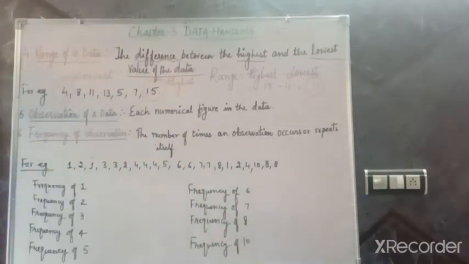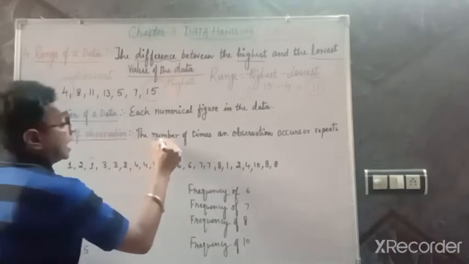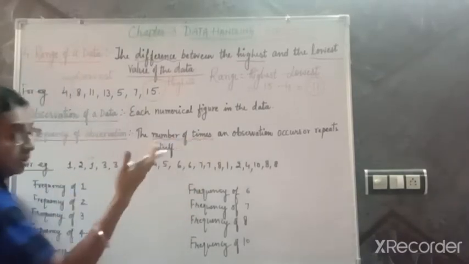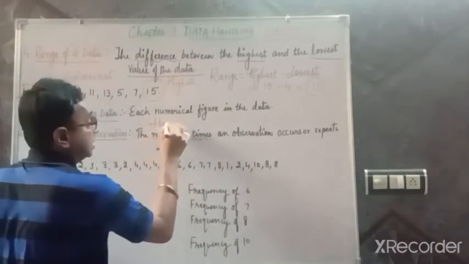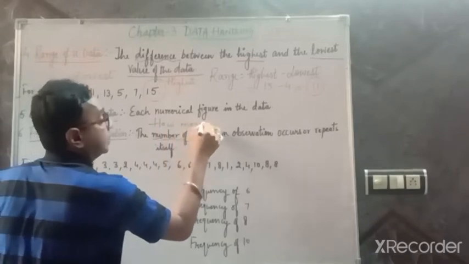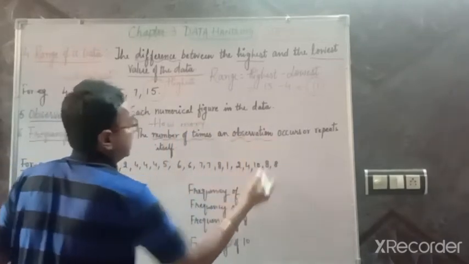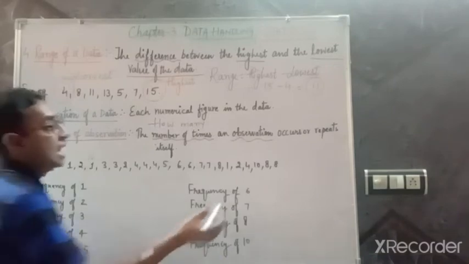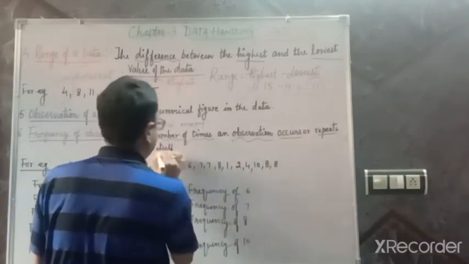The number of times any particular observation occurs or repeats itself. Number of times means how many. We'll see how many times. The observation will definitely be the numerical figure that occurs or repeats itself.